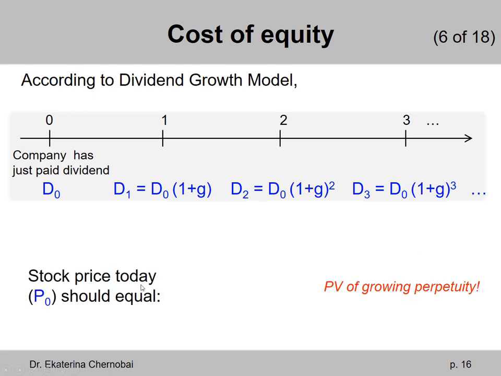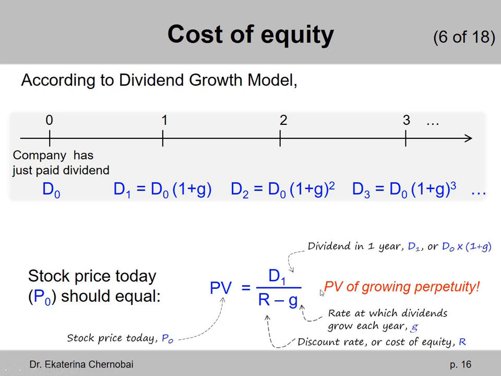How do we find the stock price today, which we denote by P, capital P, subscript 0, price year 0? It's basically a perpetuity, present value, but it's not just a so-called level, flat perpetuity, it's a growing perpetuity. This was covered in chapter 6 in this class. See how many chapters we are reviewing in chapter 14? So the growing perpetuity present value formula says take the cash flow, the very first one in the future, so a year from now.